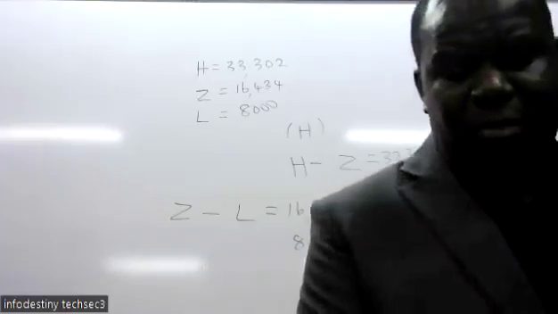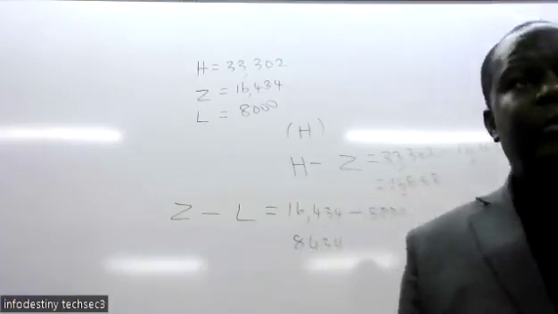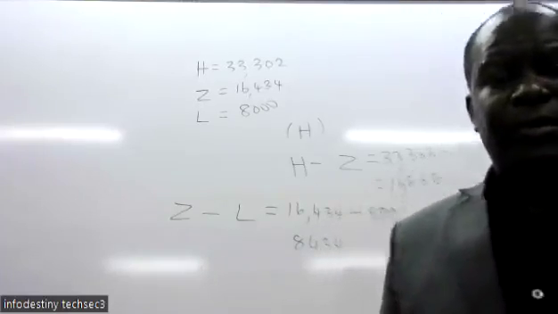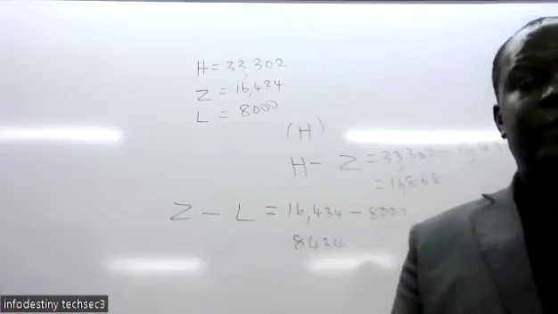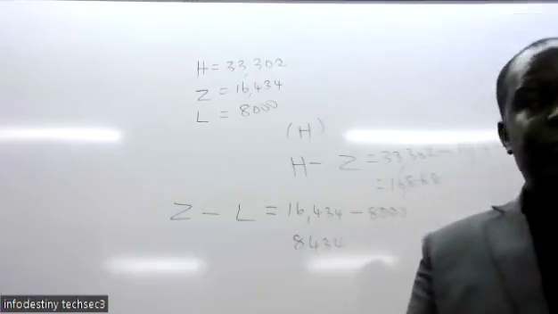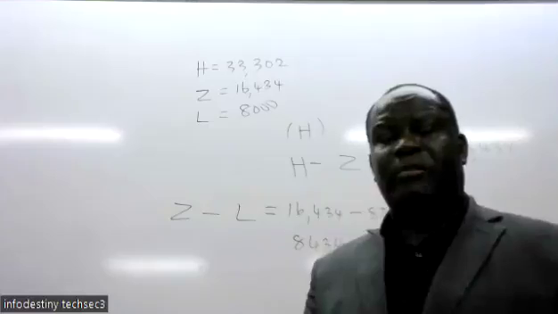Number one will be the percentage of sales method. Number two will be the cash budget.